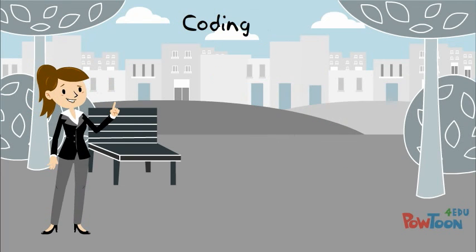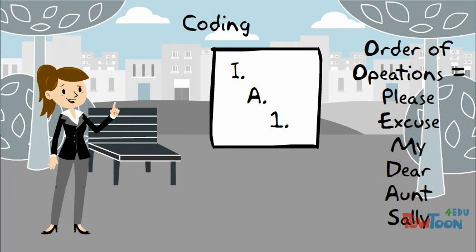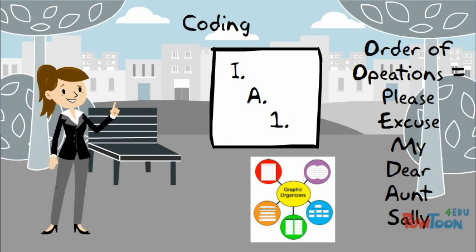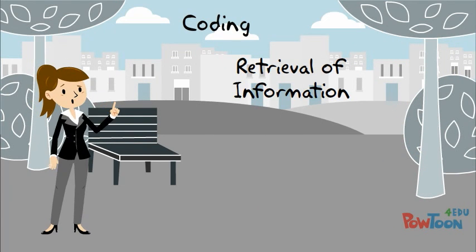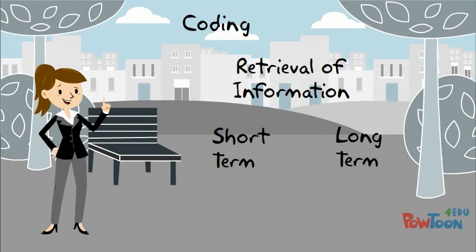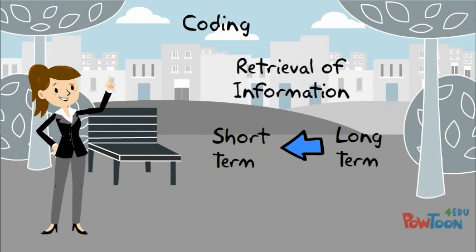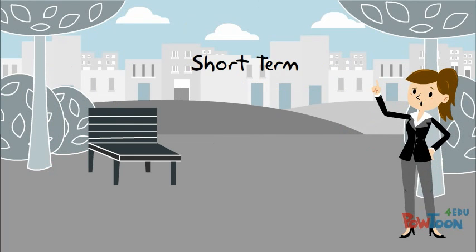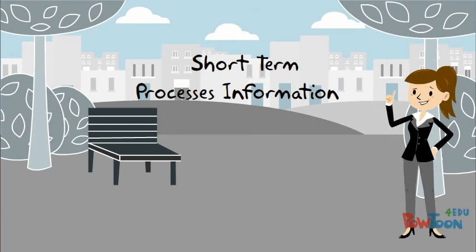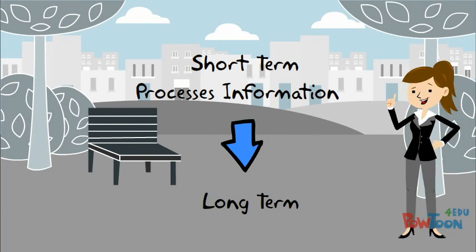Coding is the process of converting information into a usable form, such as mnemonics, outlines, and graphic organizers. Retrieval of information from the long-term memory also occurs during coding to help the short-term memory make sense of the new information. Once the short-term memory processes the information and decides on where, how, and when to store it, the information is then transferred to the long-term memory.